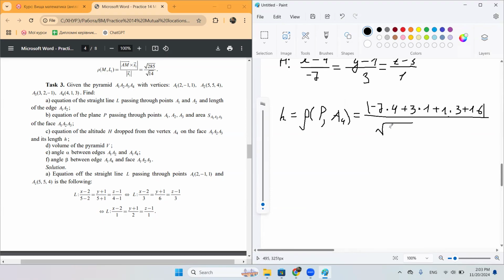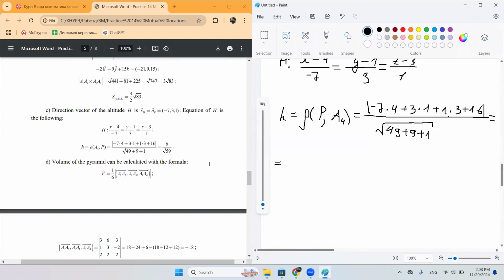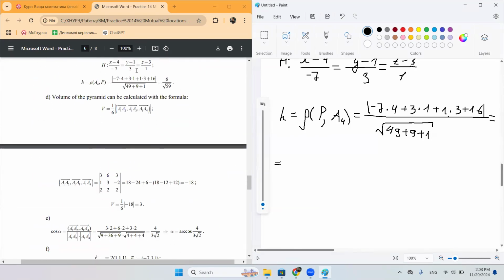And here 49 plus 9 plus 1. So again, strange irrational numbers. So let's just believe these recordings. So, found it.